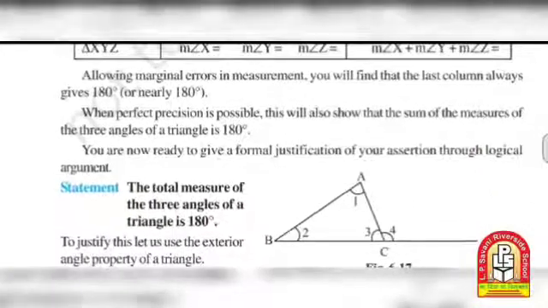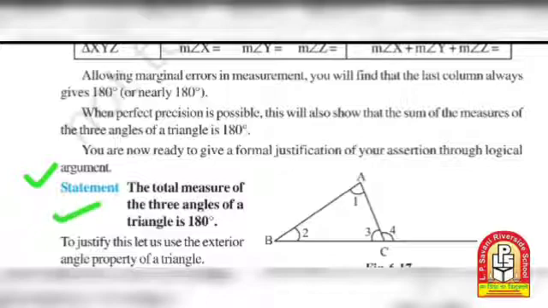You are now ready to give a formal justification of your assertion through logical arguments. So here is the logical statement: the total measure of the three angles of a triangle is 180. So we can say that a triangle has an angle sum of 180.